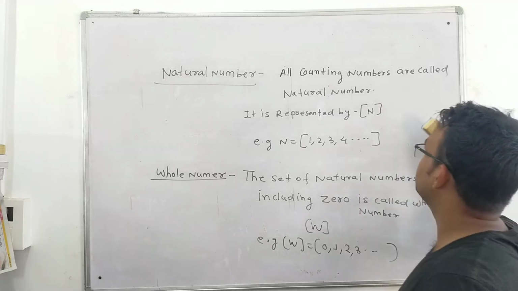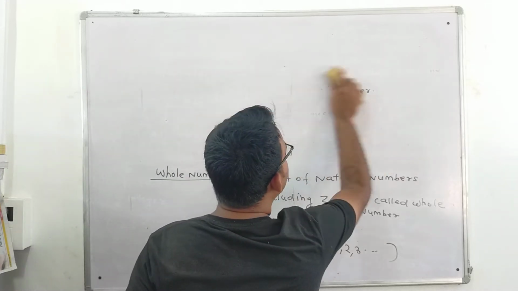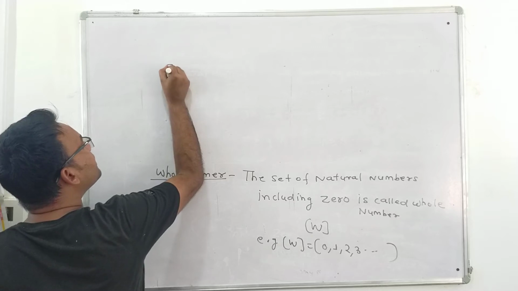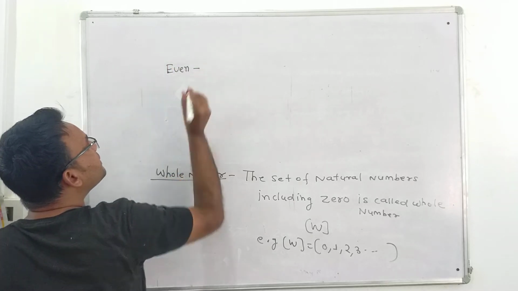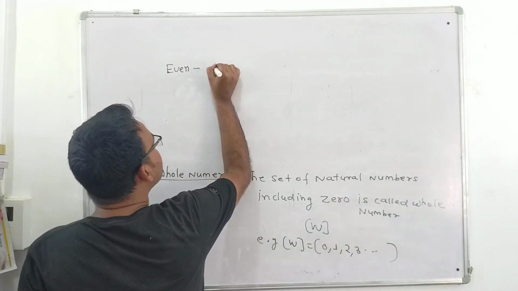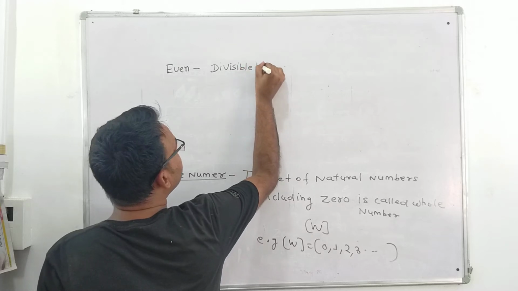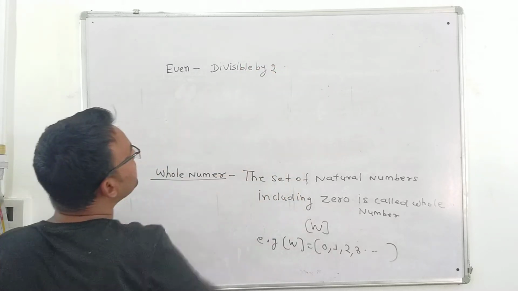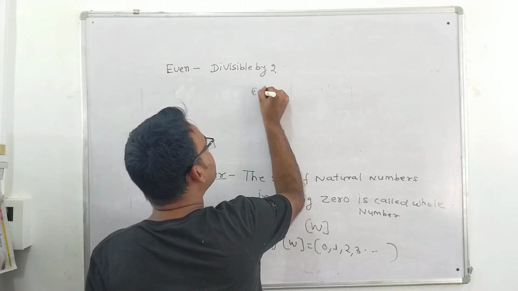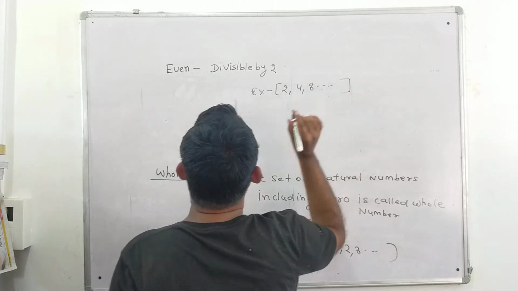Next one is your even number. As we all know, a number that is divisible by 2 is your even number. Examples of even numbers are 2, 4, 8 and so on.